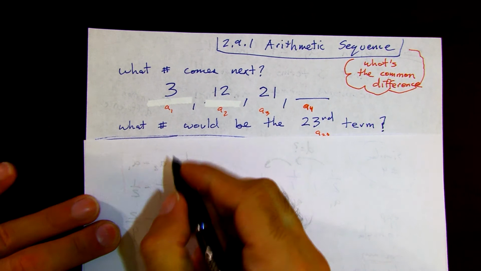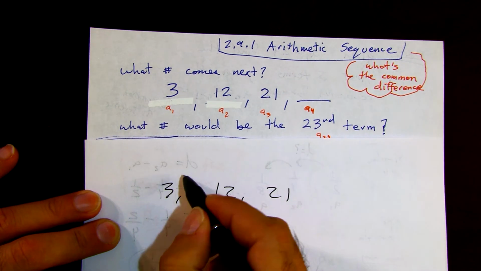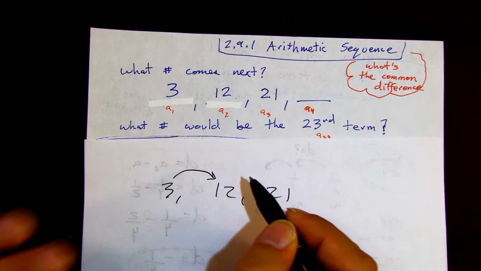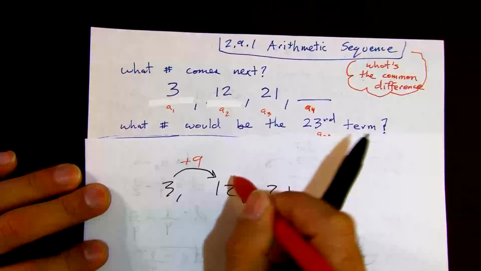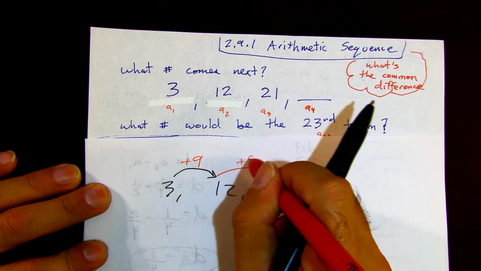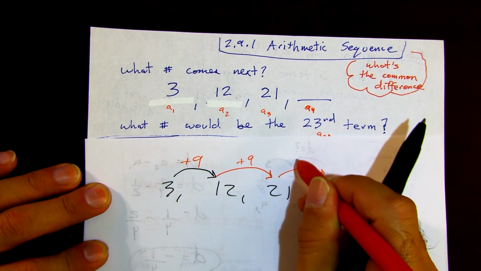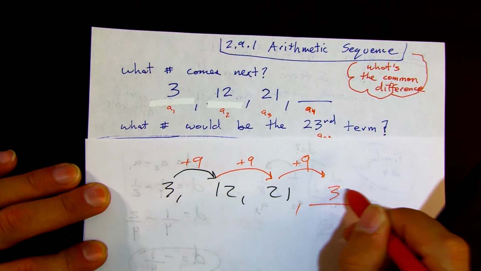Well, if we have 3, 12, 21, what is the step to go from there to there? 9. How about from here to here? Yeah, they've increased by 9 each time. So to get to the next term that was missing, we add 9 and we get 30.